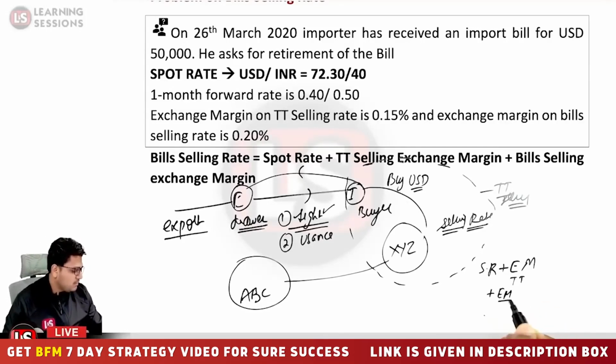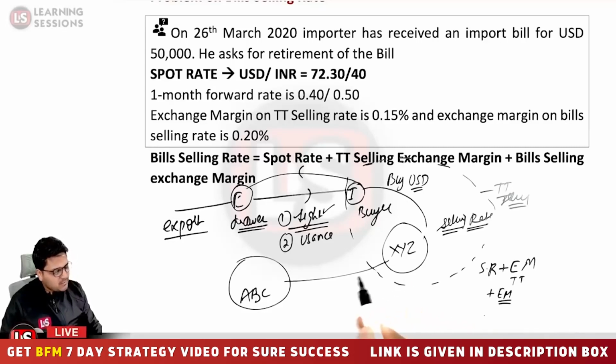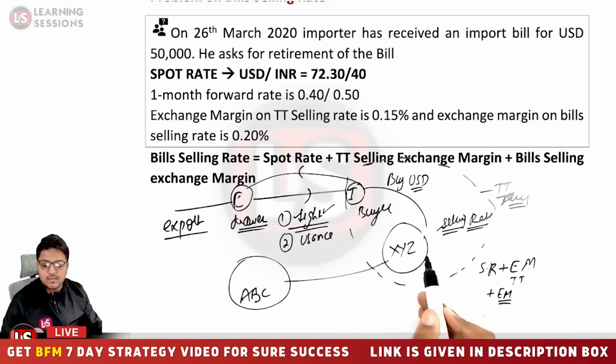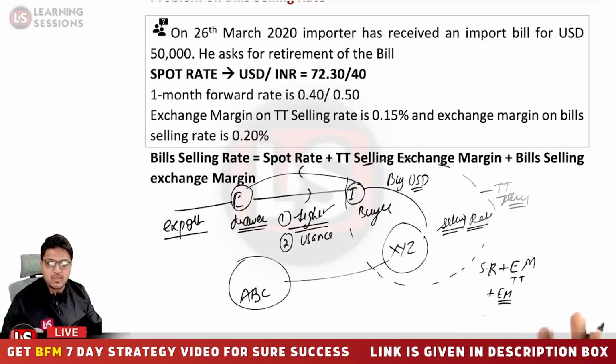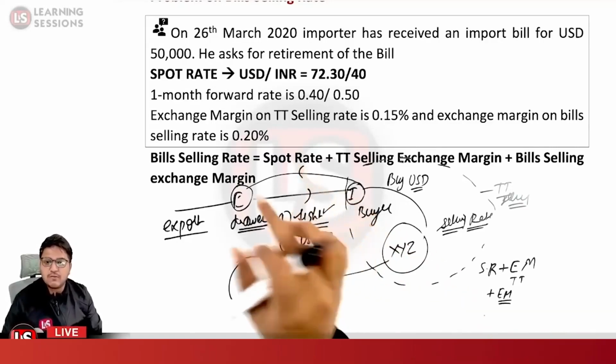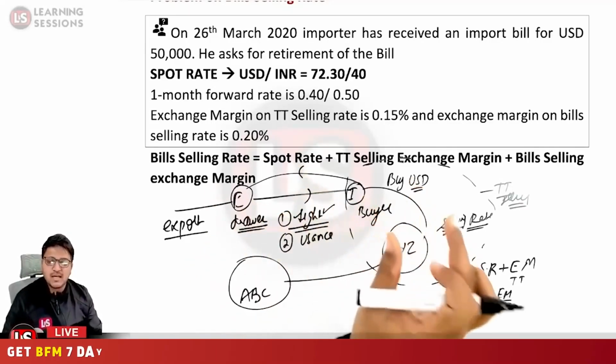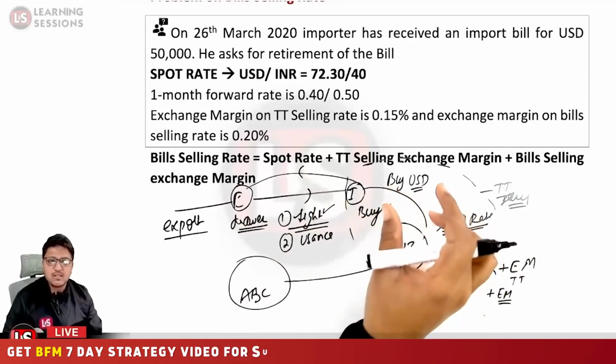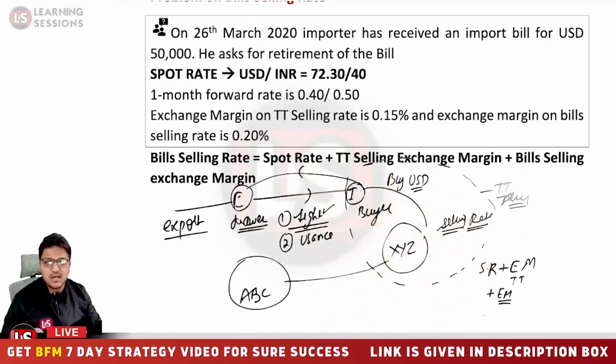Because this period lag is there, the bank will ask for the margin. So in the case of the bills selling rate, two margins are added up: the TT selling exchange margin and the bills selling exchange margin.